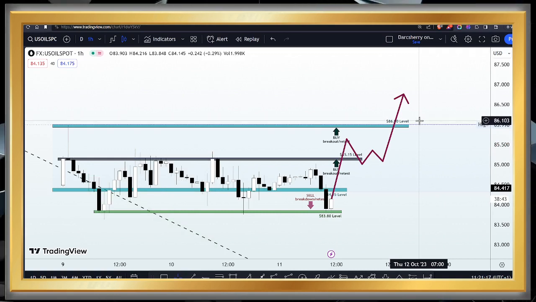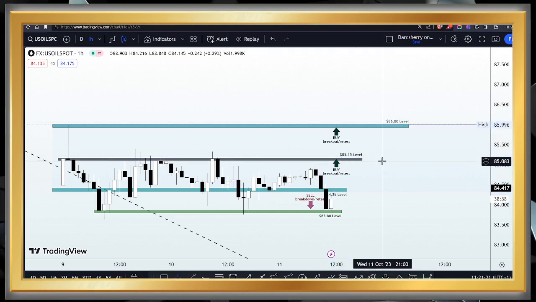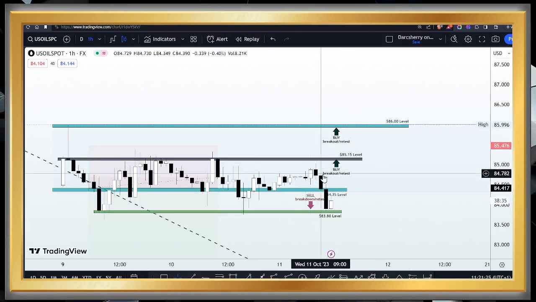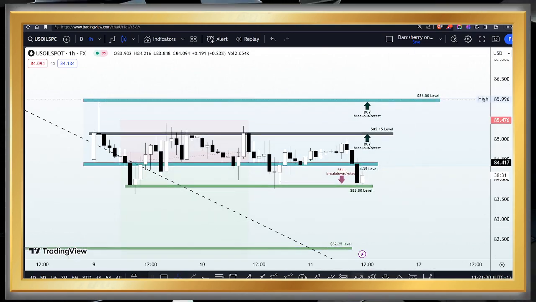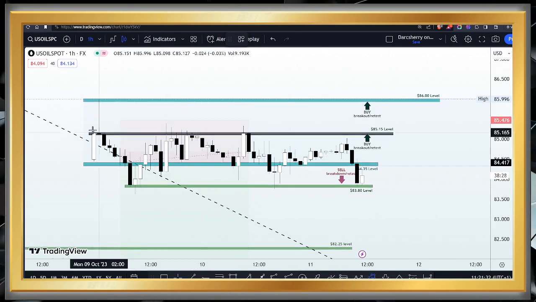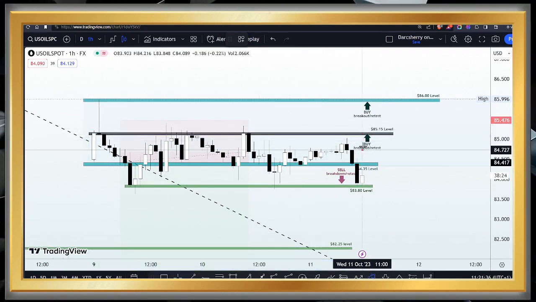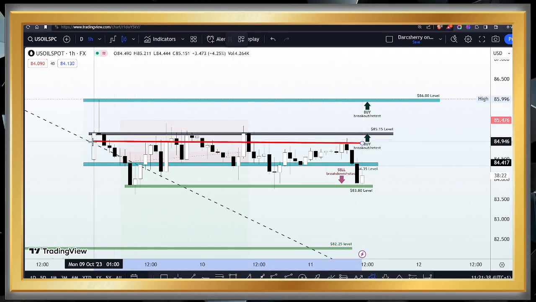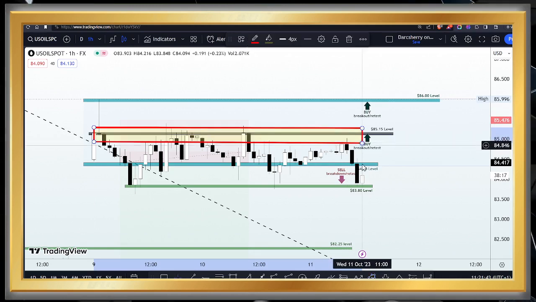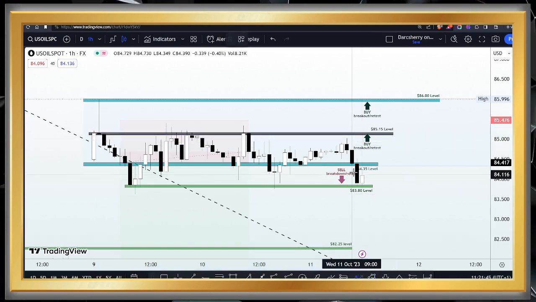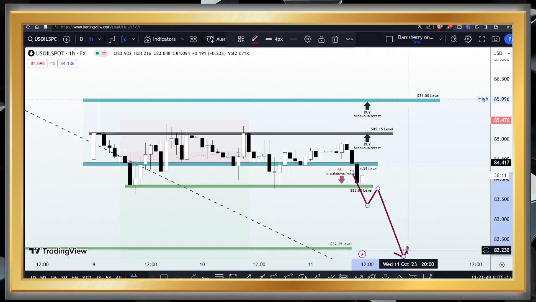However, inasmuch as we're looking out for buying opportunities here, we cannot ignore the potentials of the sellers. Now, like I said, we can see how this level here at the $85.15 level had continued to negate the bullish attempt in this market. So if this persists, then price breaking down the $83.80 level will be all we need to join the bearish move.